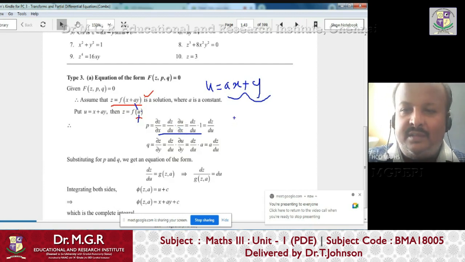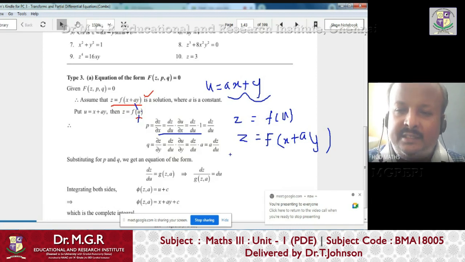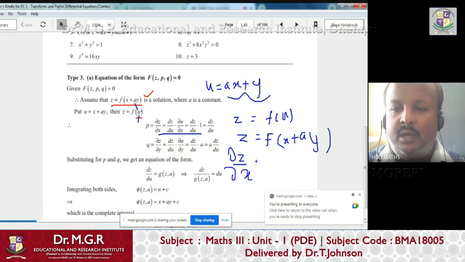Otherwise, if z equals f of u, that is the same as f of x plus ay. If you want to differentiate z with respect to x, you can't do it directly because f is on the right hand side.